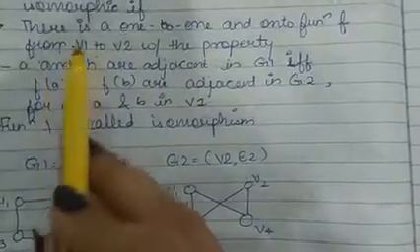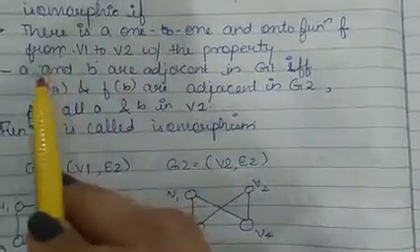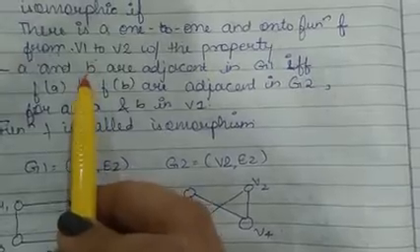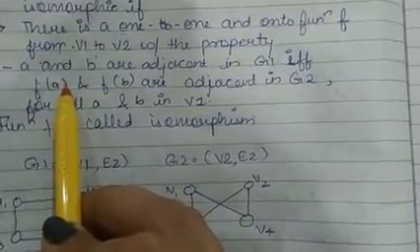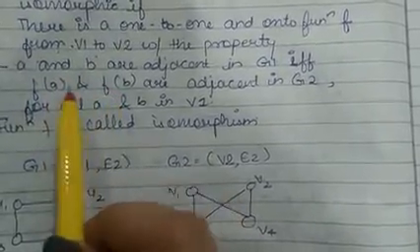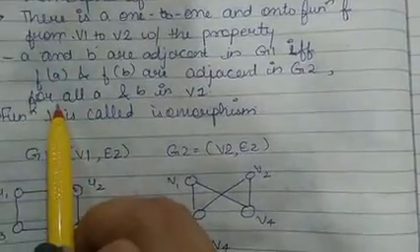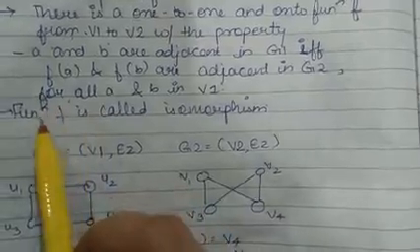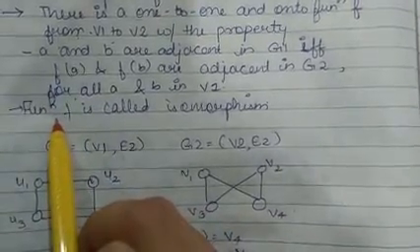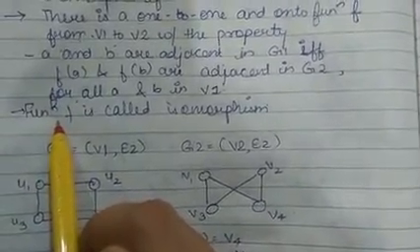Or if they satisfy this property: A and B are adjacent in G1 if and only if f(A) and f(B) are adjacent in G2 for all A and B in V1. So this type of function f is called an isomorphism.